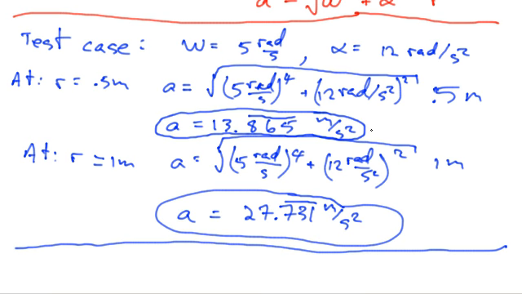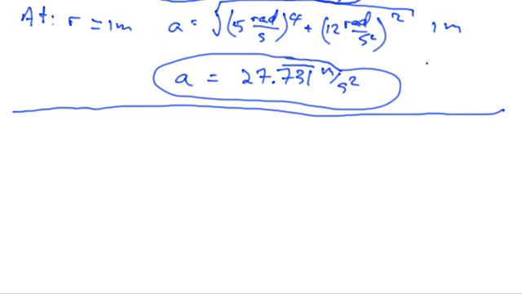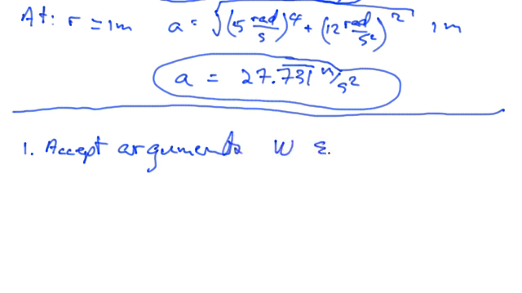Alright, so what do we want this code to do? Let's say accept arguments omega and alpha.